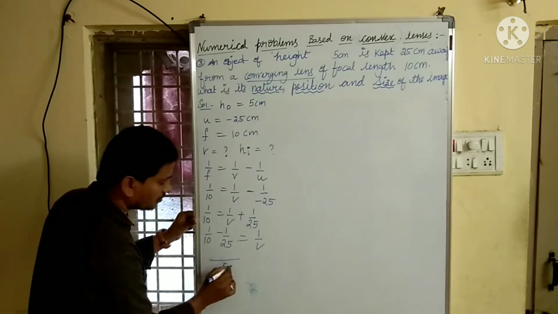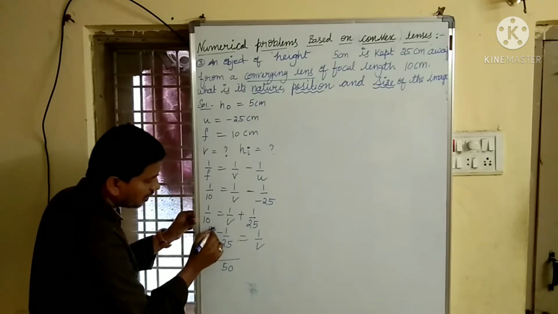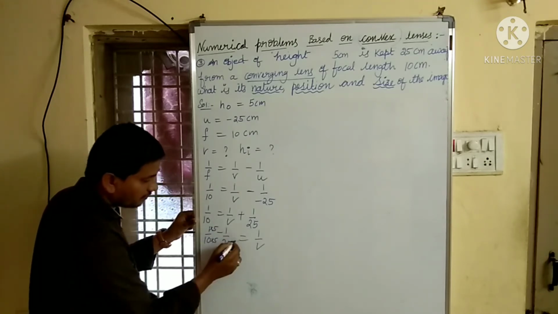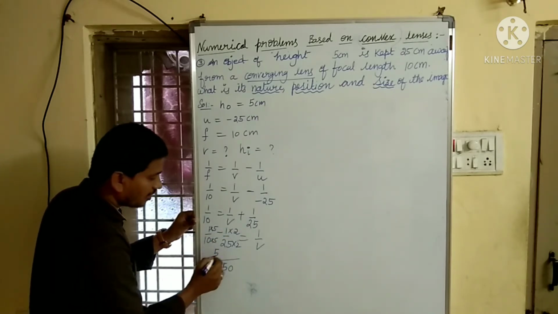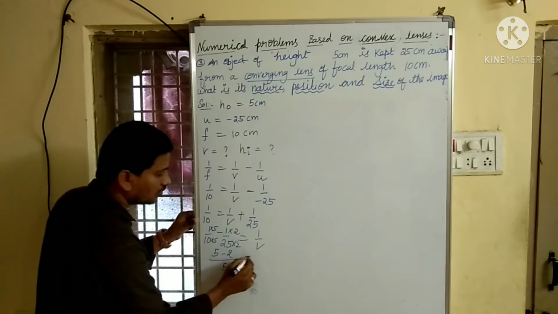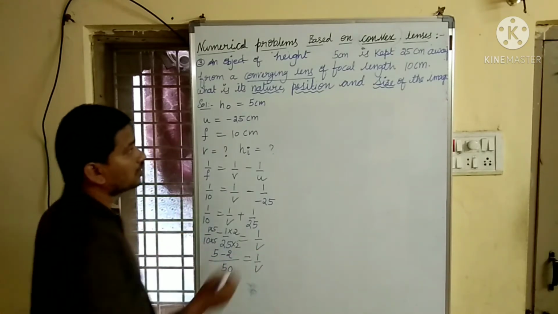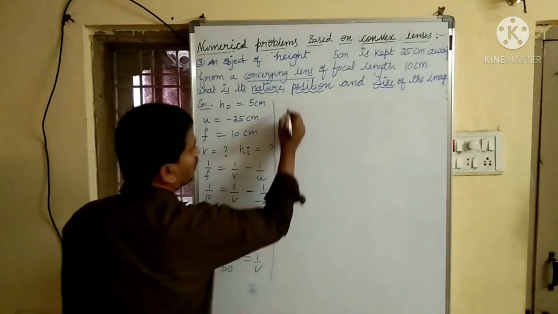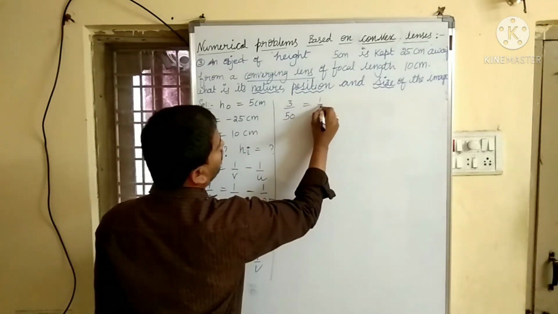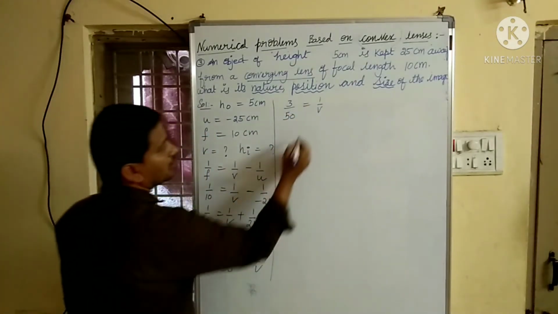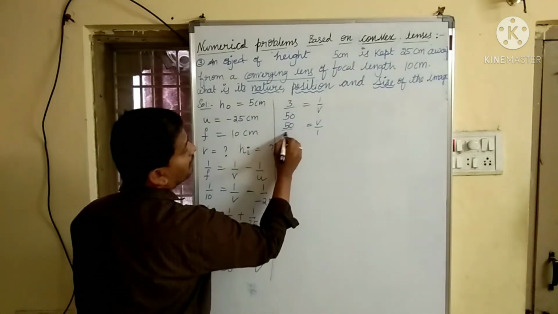Which is 50. 10 fives are 50, so 5; 25 twos are 50, so 2. 5 minus 2 is equal to 3 by 50, equal to 1 by v. So this is 1 by v, I can write v by 1, and this becomes 50 by 3.